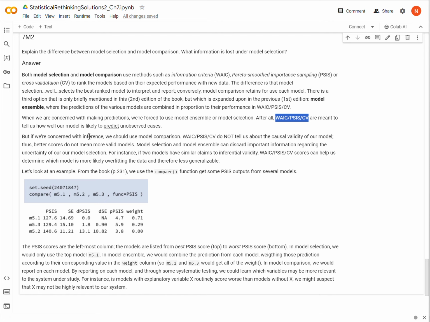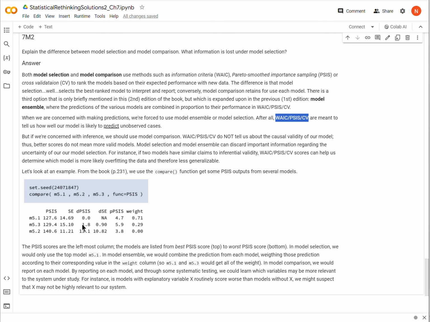With prediction, we would just use one model or an ensemble. But if we are comparing models, trying to make inferences, we would think about all of these models in isolation.